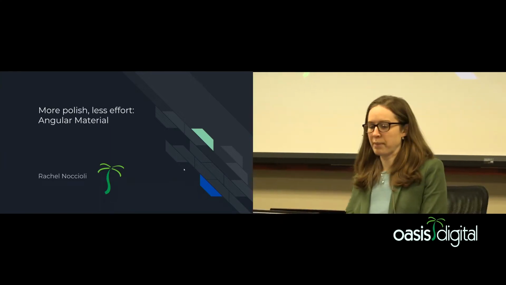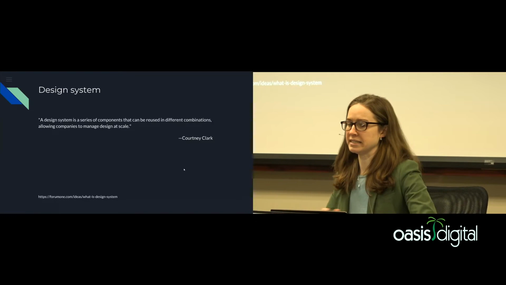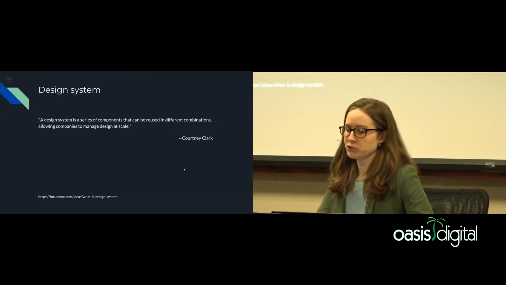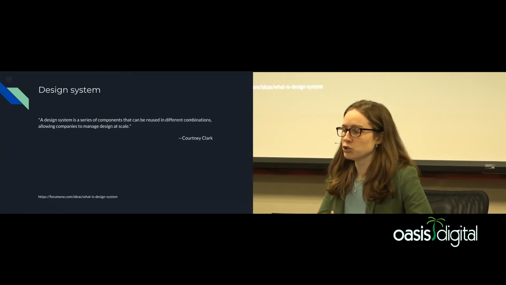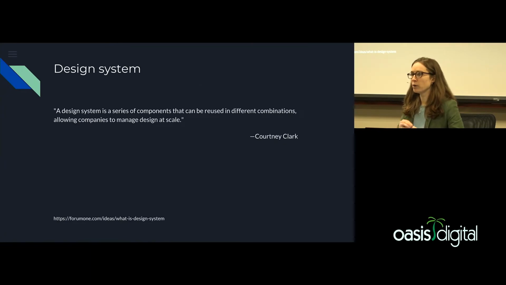But let's take a step back and talk about design. Before you start thinking about laying out what your pages are going to look like for an app, it can be really helpful to decide what the individual components are going to look like throughout your app so that you can have a consistent app and you don't end up with 20 buttons across your app with different colors and sizes and maybe borders.